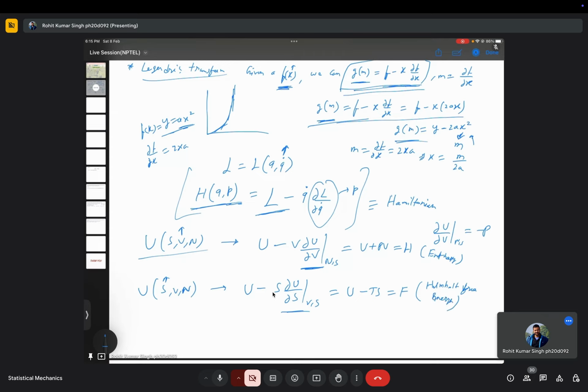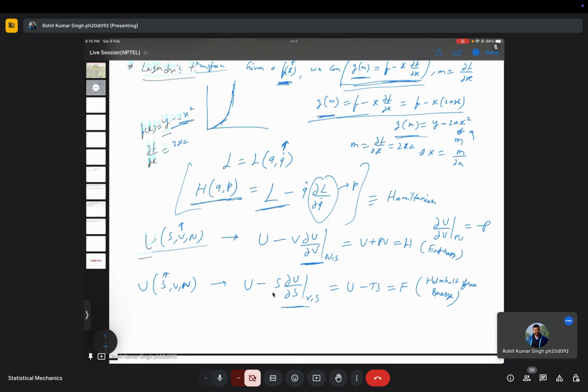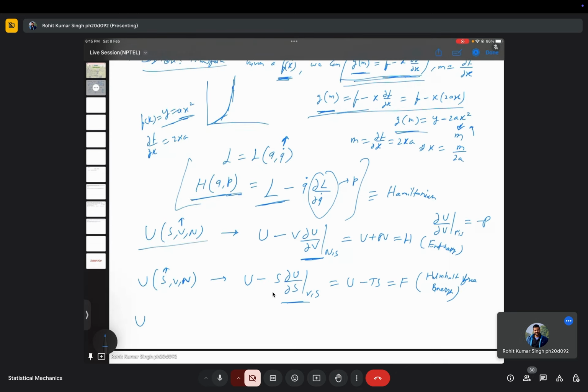Okay, what else? So now if you want to replace both of them together, you can also do that. So entropy and volume together, and the recipe remains the same.